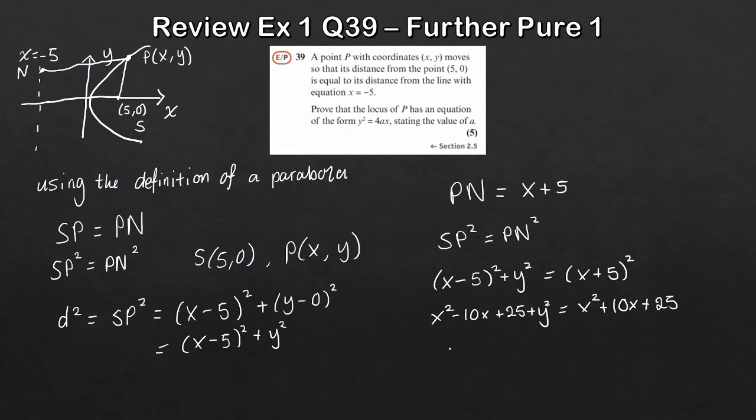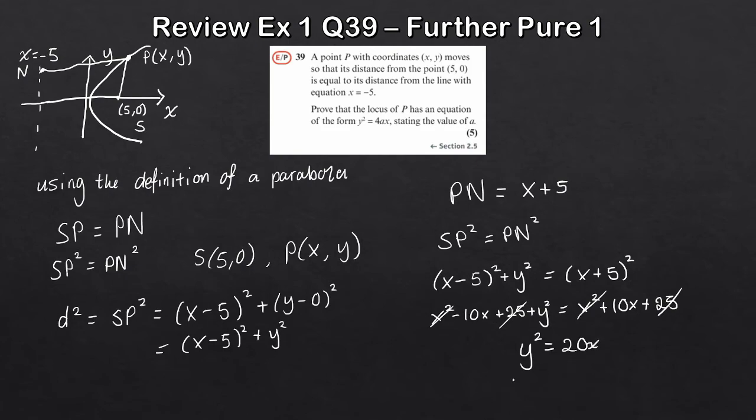Okay? At this stage, just start simplifying. The x squareds will cancel, the 25s will cancel, so all we're going to get left with here is minus 10x plus y squared is equal to 10x. So, writing this in terms of y squared now, we get y squared is equal to 10x plus another 10x, or 20x, like so.